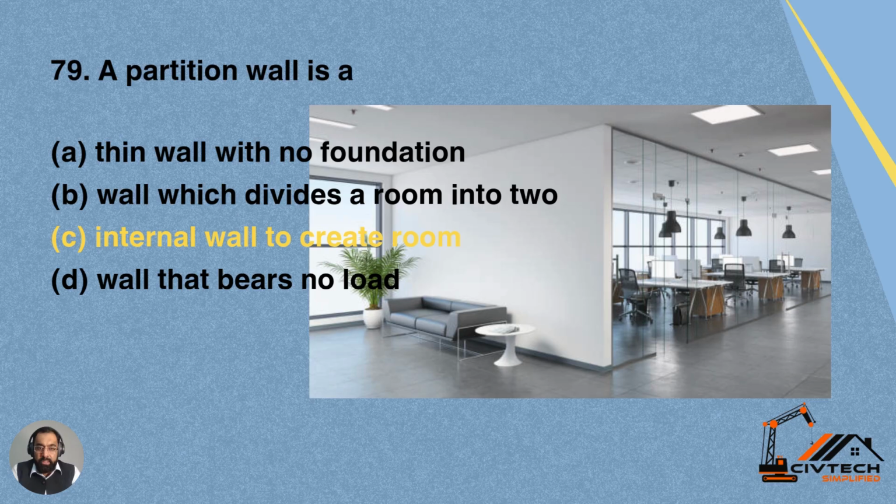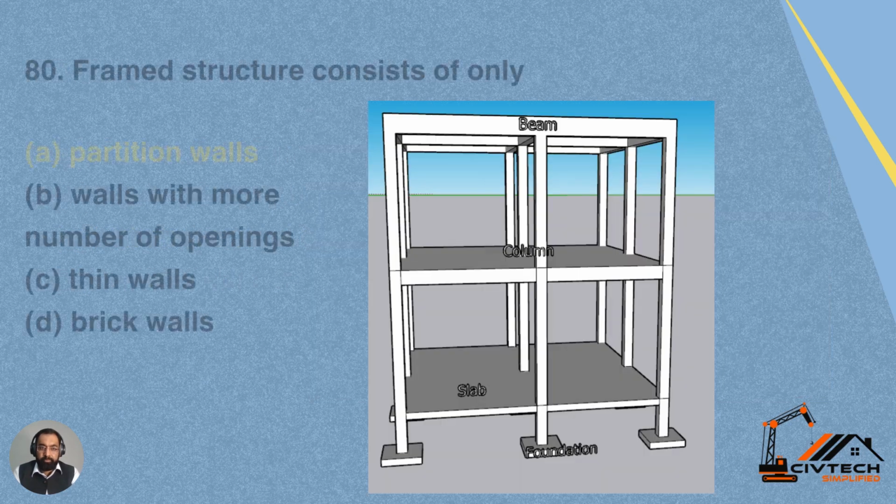Option C is correct, and you can see the partition wall in the picture as well. It's the internal wall to create a room or to divide a room. It's obvious from the name as well. It has to be a partition wall which divides a room into 2 or 3 parts. So it's an internal wall.